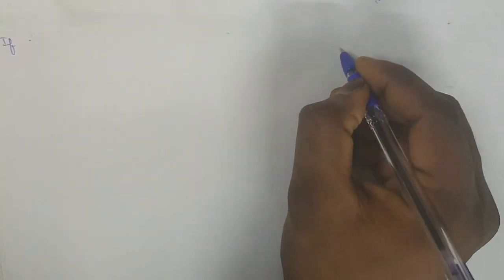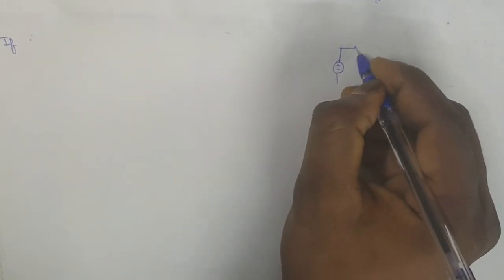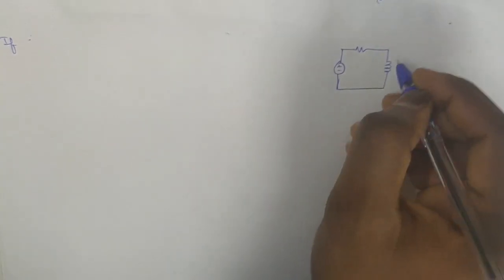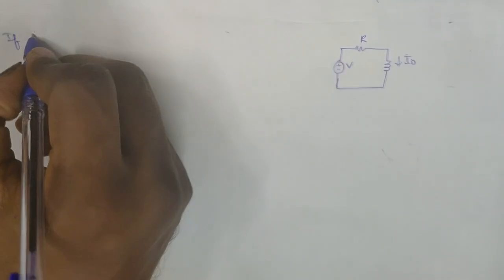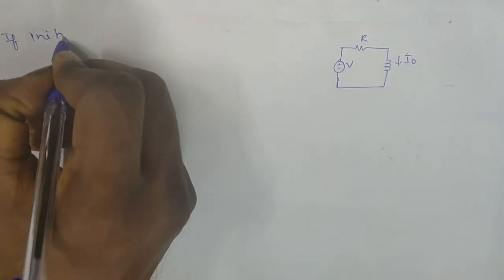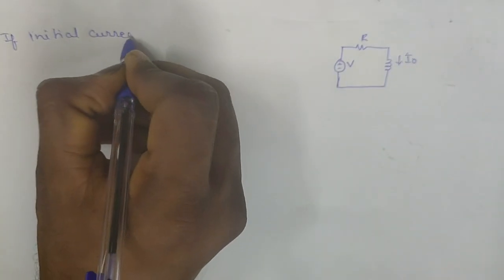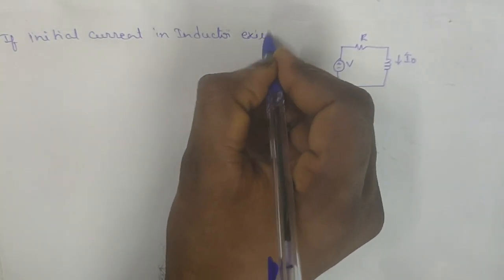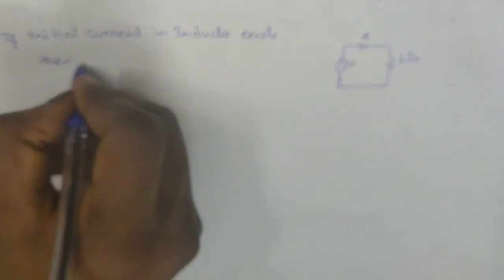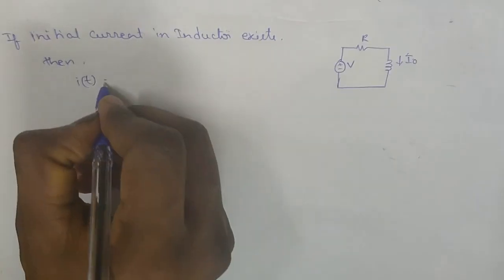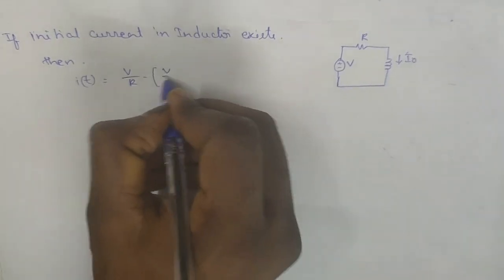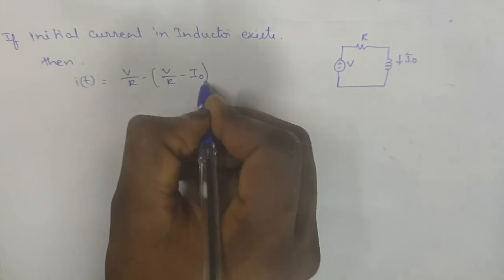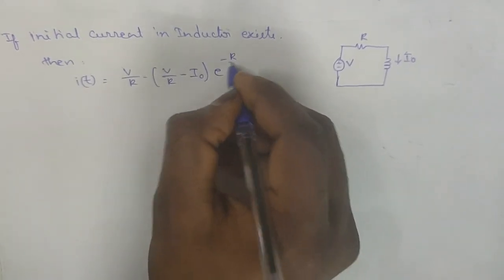If this circuit has an initial current I0, then if initial current in the inductor exists, the equation can be written as i of t is equal to V by R minus I0 e power minus R by L of t.